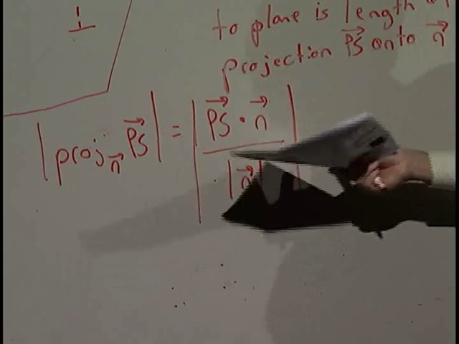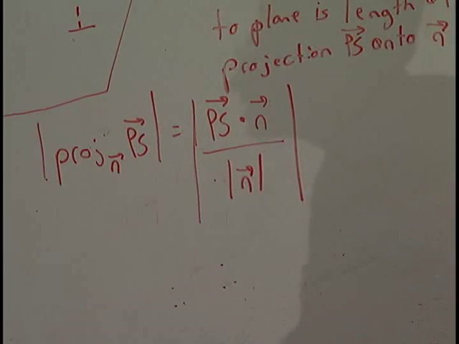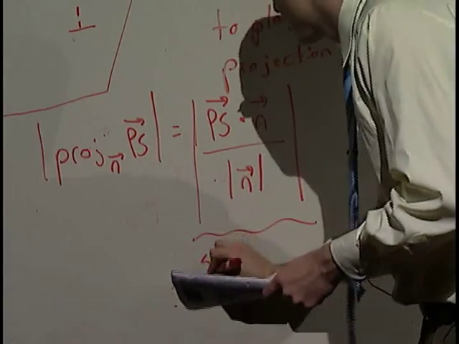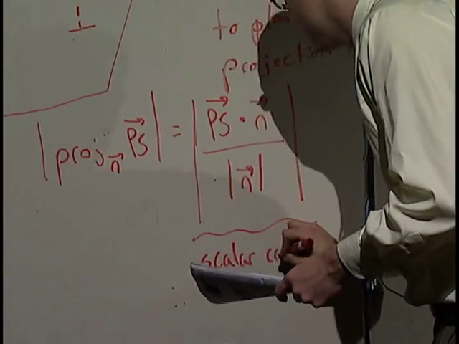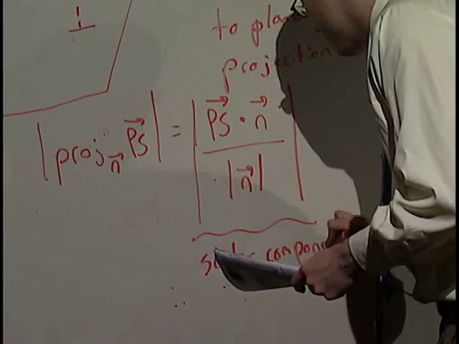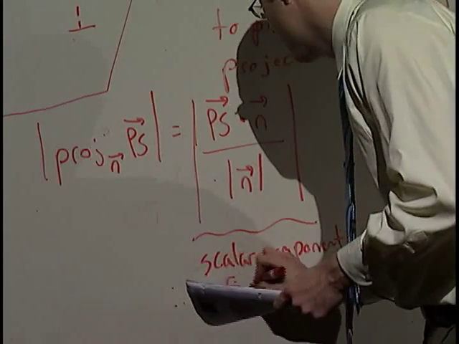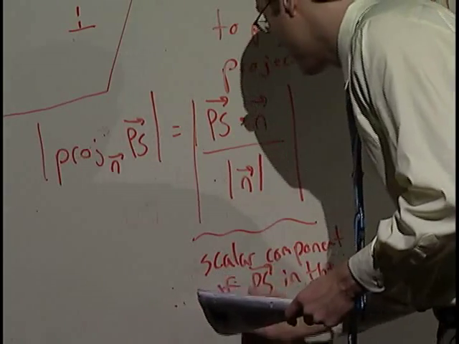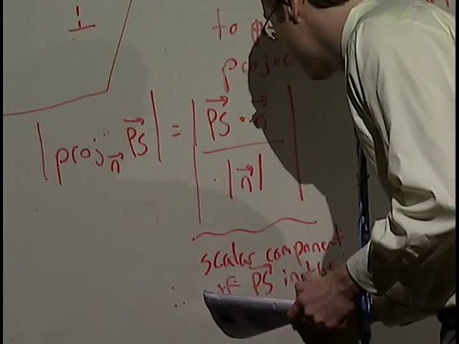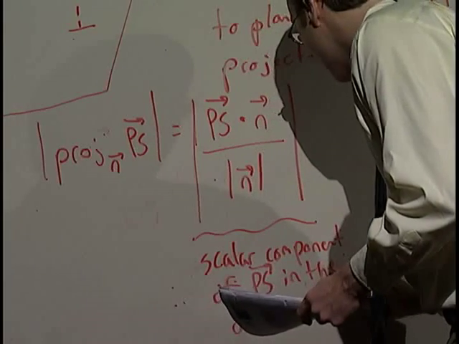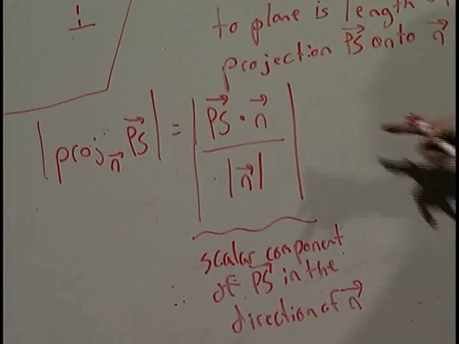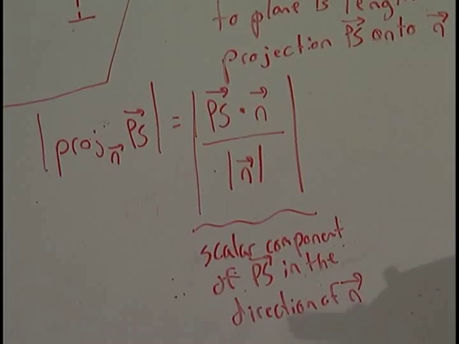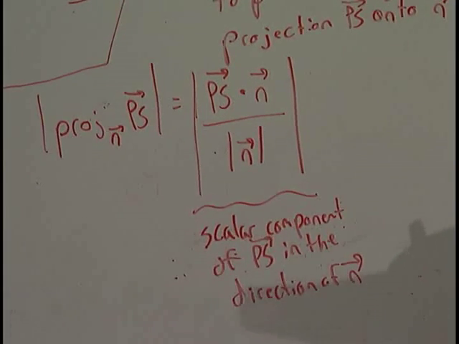So the length of this vector is PS dot n over the length of n. And it's worth noting we had a name for this even: the scalar component of PS in the direction of n. And that's the length that we seek, okay?